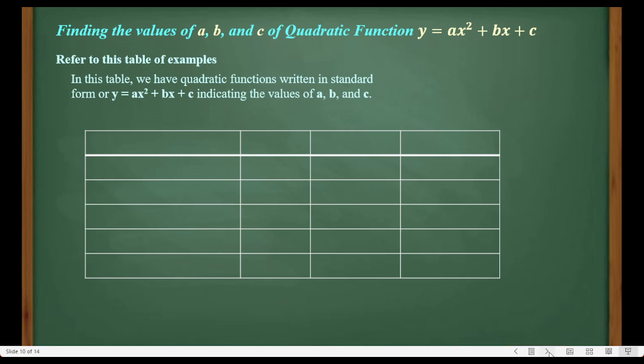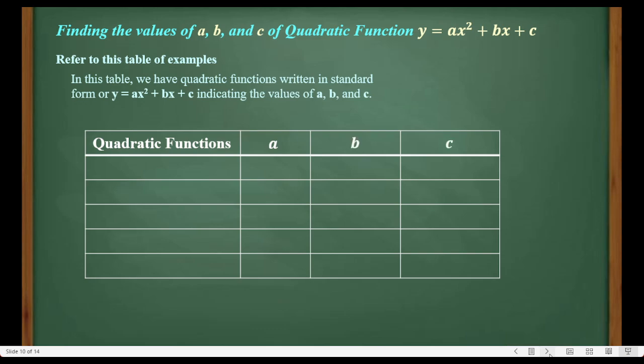Okay, so we have a table here. Under the first column are 5 equations that are all quadratic functions. And on the next 3 columns are for the values of the coefficients from each quadratic function.